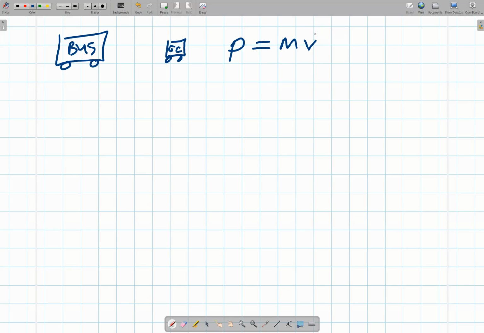So the situation is asking, explain a situation where this golf cart could have greater momentum when compared to the bus's momentum being less. Let's first think about the momentum value of each. I do realize the question is just asking for a qualitative response, meaning words.